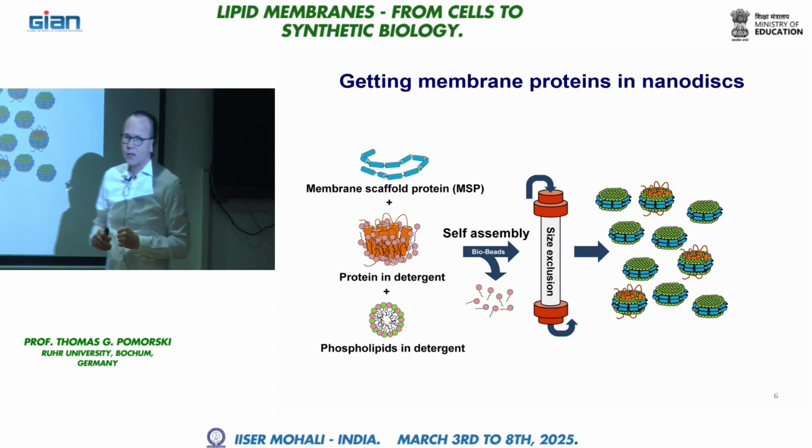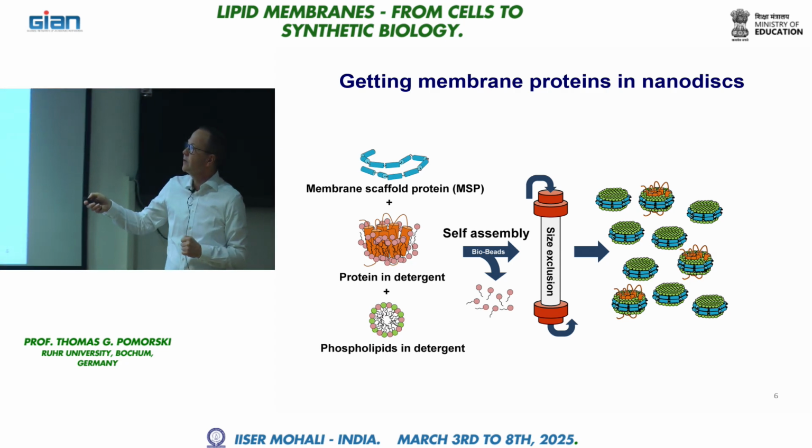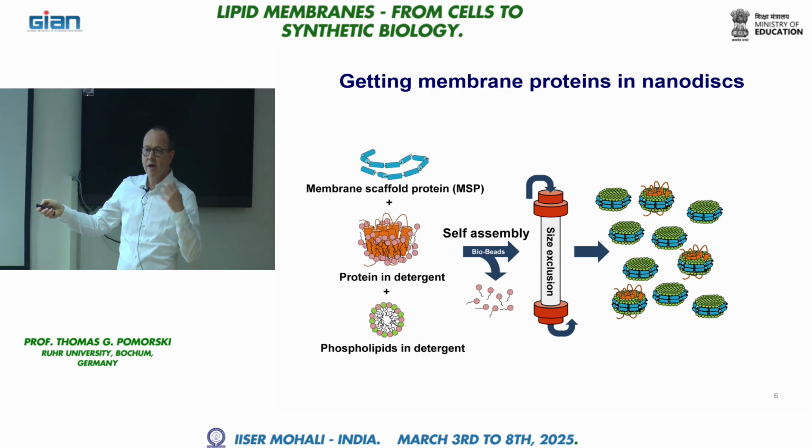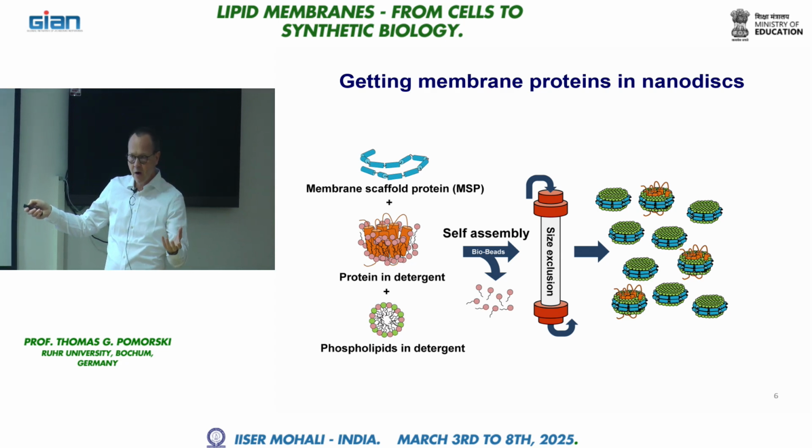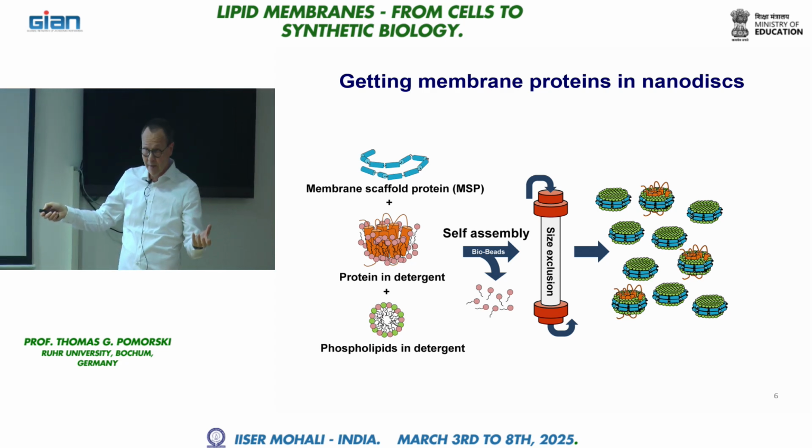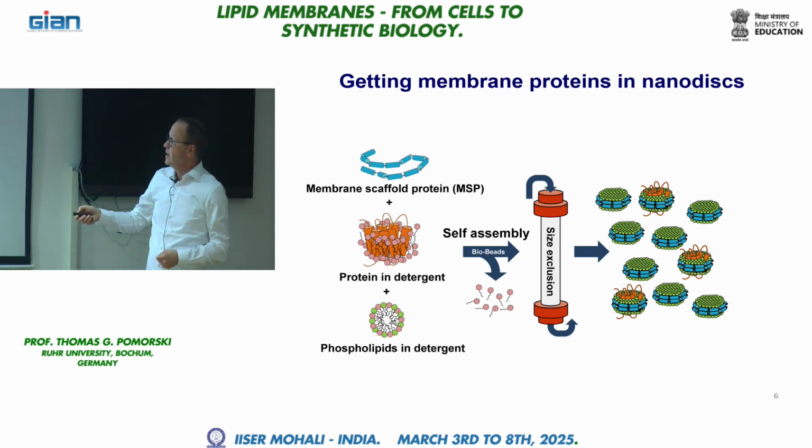And I tell you, this also only happens when you have the right mixture of the number of belt proteins versus the number of membrane proteins versus the number of lipids. And you typically see that when we mix this and remove these biobeads, you get this self-assembly, but as a result you get discs with protein, without protein and with protein.